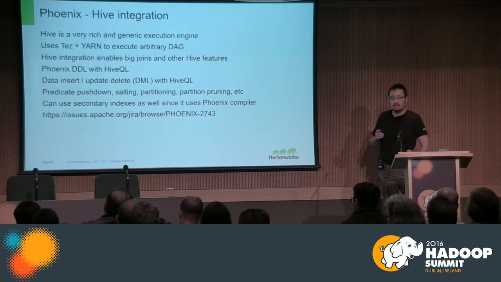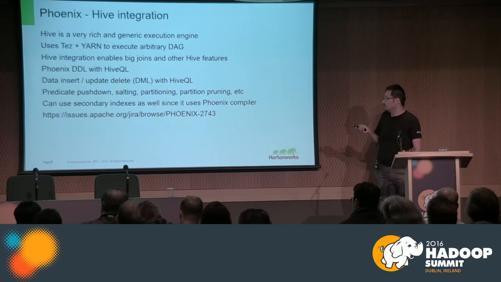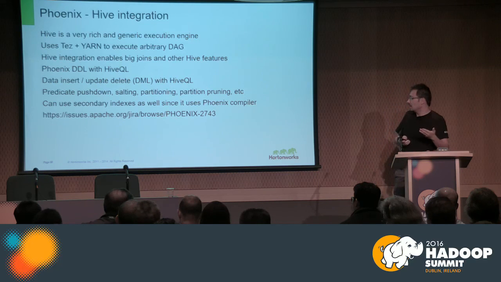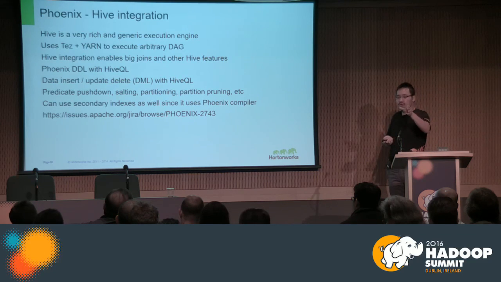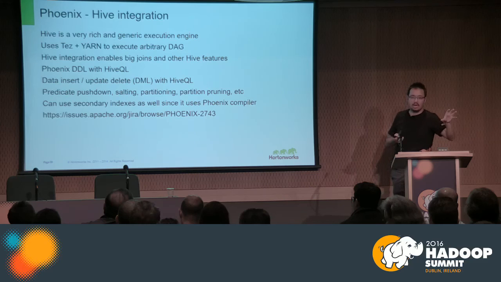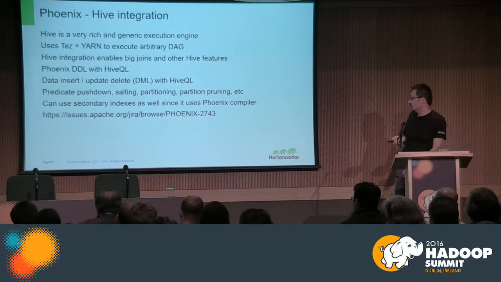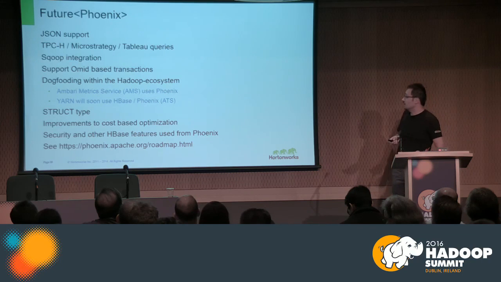Everything will be automatically taken care of because the integration already uses the Phoenix compiler to compile the query plan inside Phoenix as well. So there will be two levels of compilation. Hive will compile the query, as well as Phoenix will compile the query. All right, so you can get more information in this Jira if you're interested.